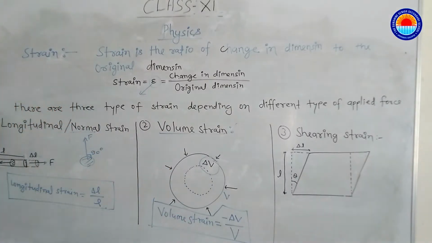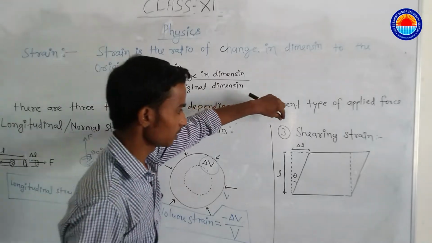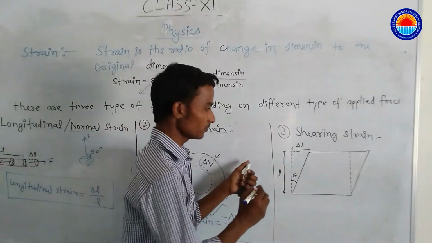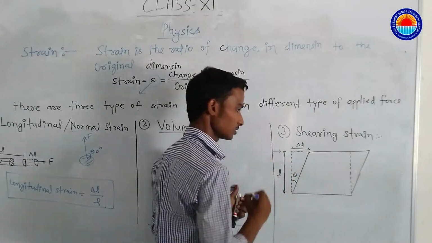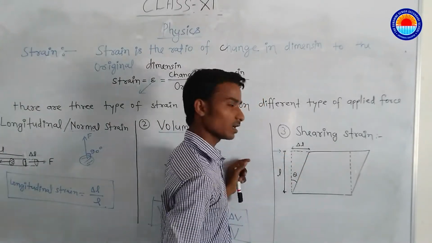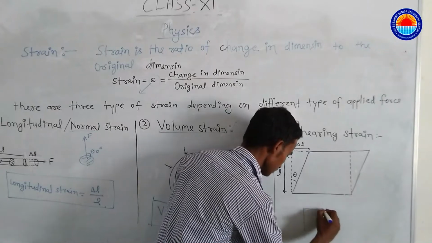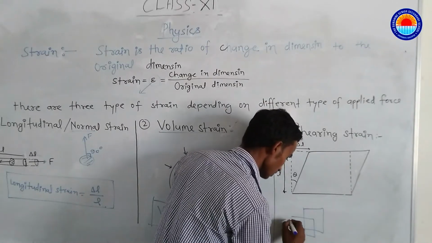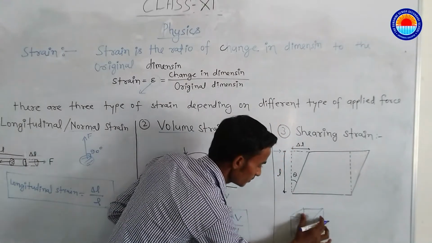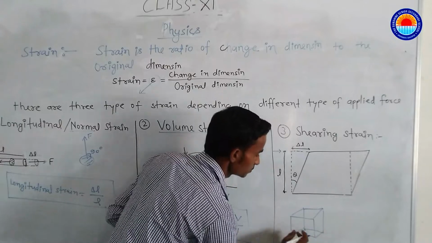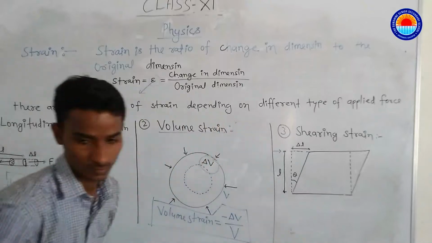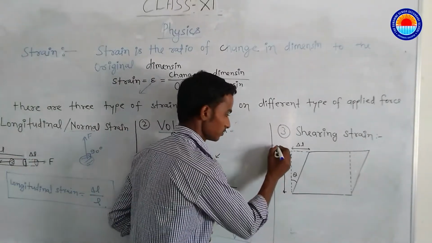Okay. First is clear, second is clear, and third is shearing strain. Here we apply a tangential force on the upper surface of a cube. Imagine a cube with force F on this surface. So we apply a tangential force.